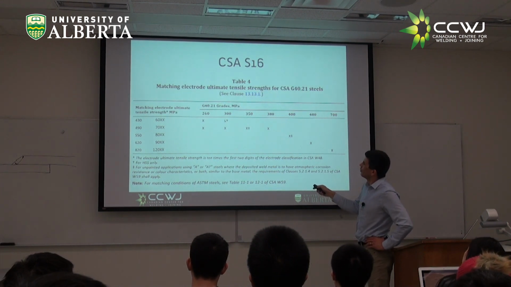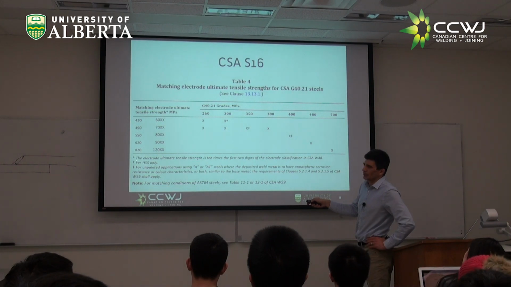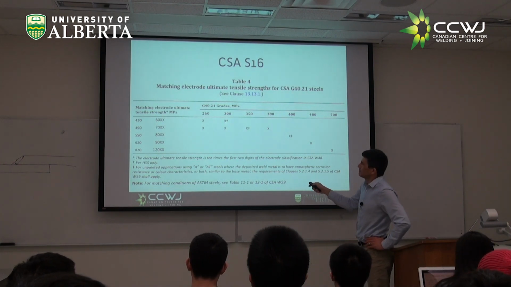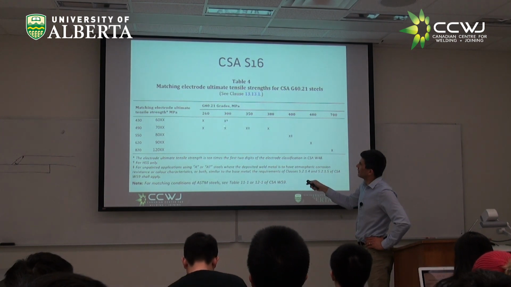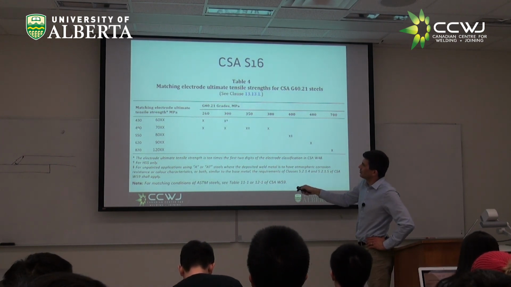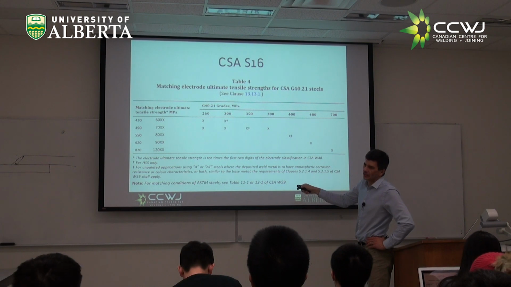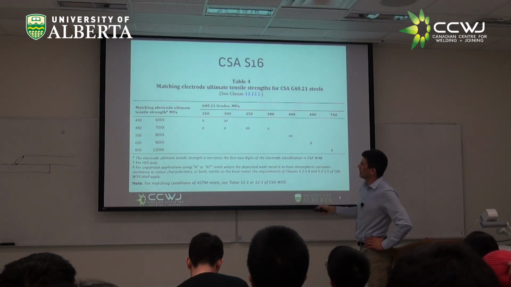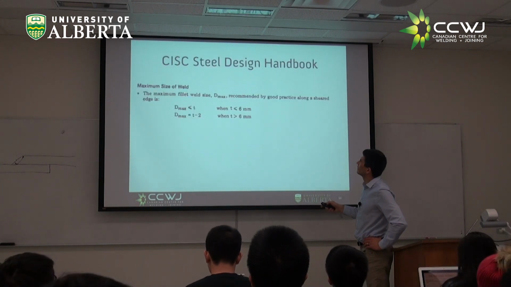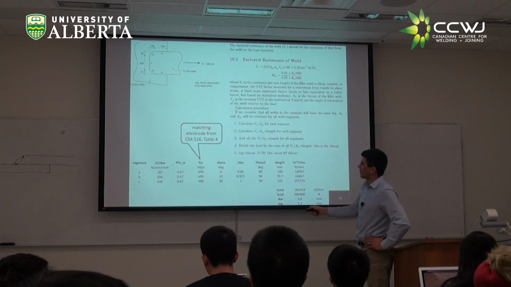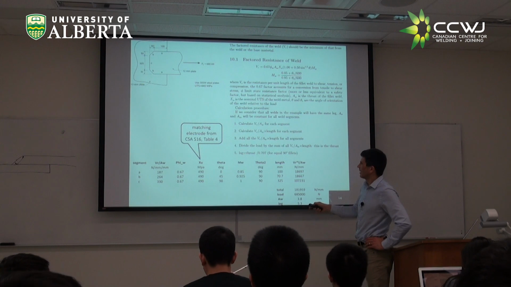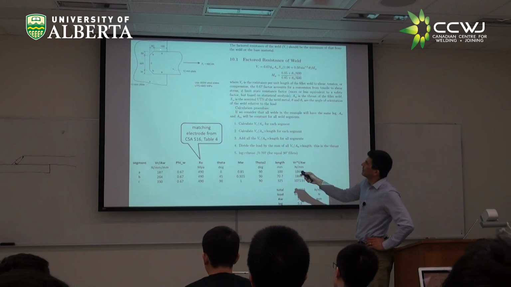this is for hollow section, so, no, we'll do this. For a 300 plate, we're going to use a 70-something electrode, like 7018. 490 ultimate strength. For A, the force goes in this direction.